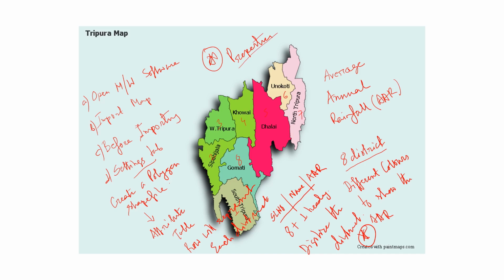Properties, you select the properties, and then color scale or color.